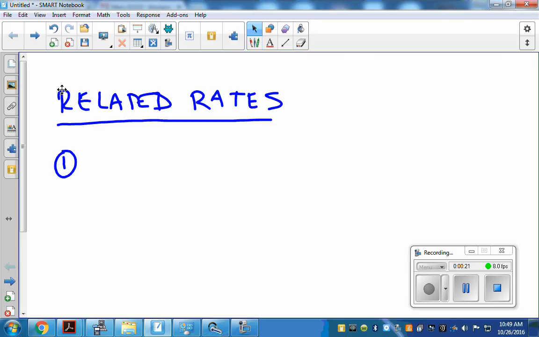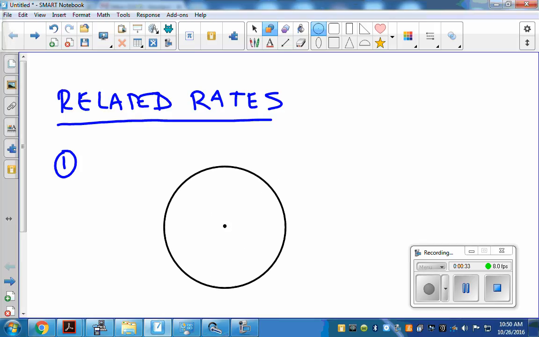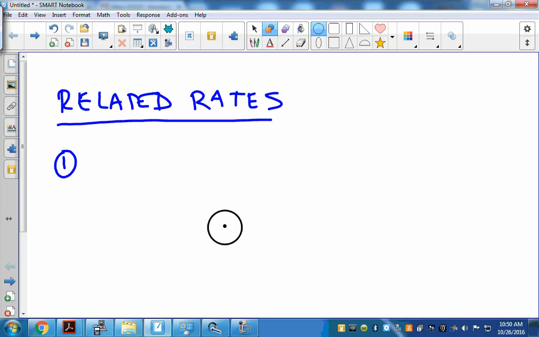I can put a circle in here. So we have a circle, and it grows at a steady rate. And the question will be, how does the area vary?